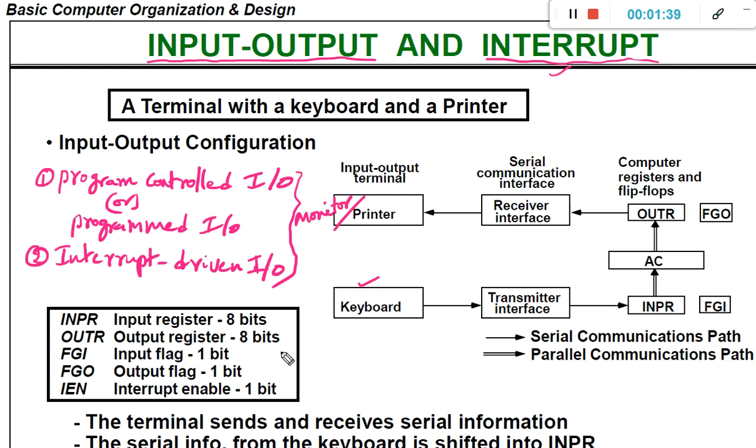For this purpose, we need an input register INPR, which is of 8 bits, an output register OUTR, which is of 8 bits. In addition to that, we need an input flag of 1 bit and an output flag of 1 bit. So what is the purpose of these registers? Let us see once again.